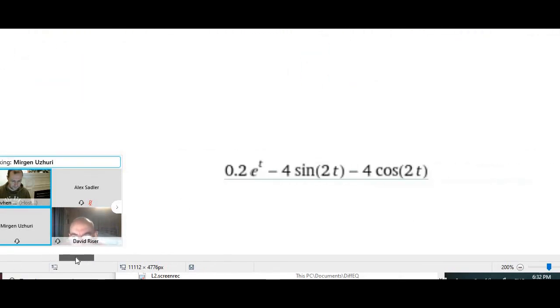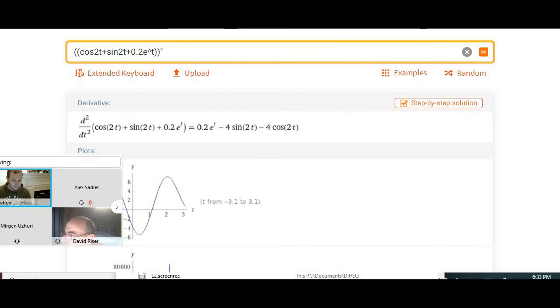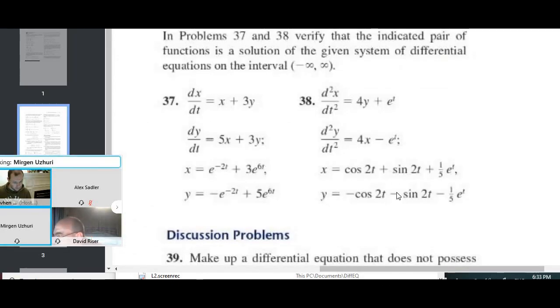This is our left-hand side. You know the equation for y, it's given to you right here. All you have to do to check if the right-hand side equals the second derivative we just found is to type it in.